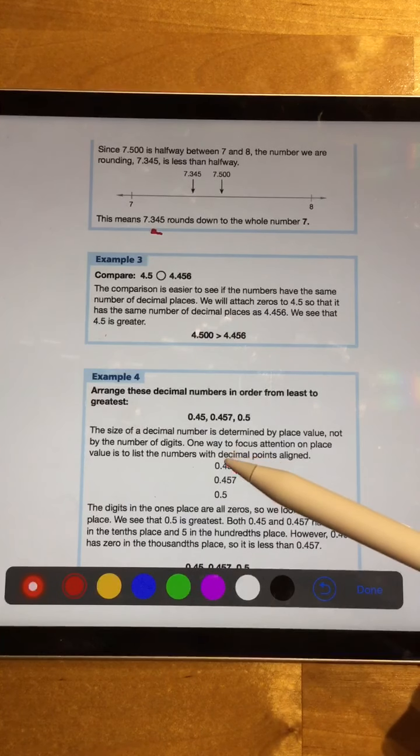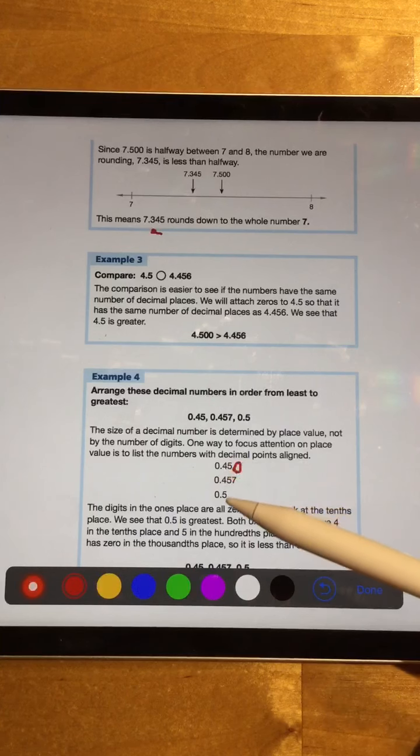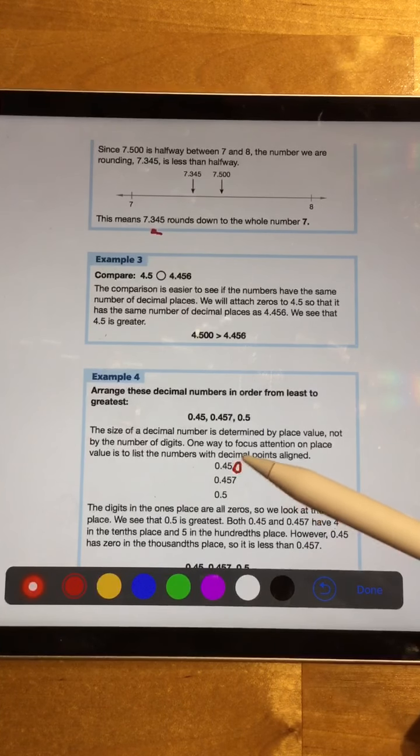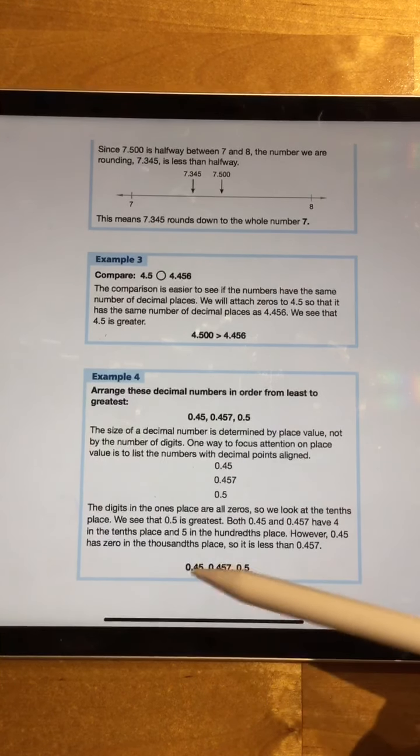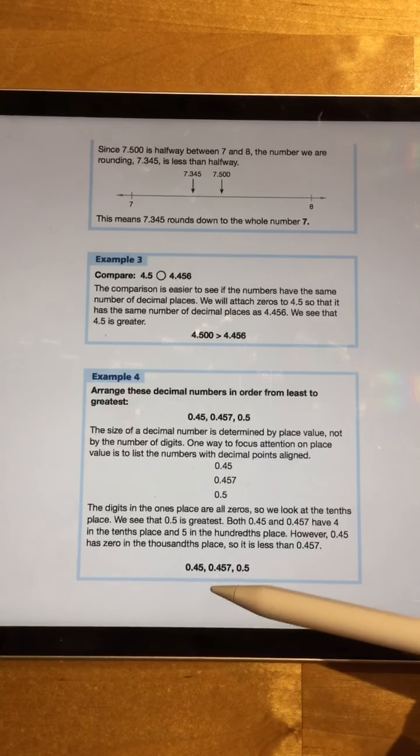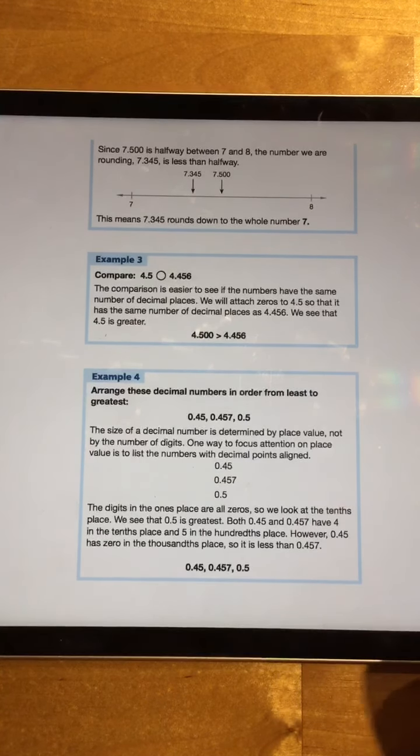I know that when I look down at the tenths column, that 4 is less than 5, so I know these two will be first. I put a 0 there to help me determine that 450 thousandths is less than 457 thousandths. So here they are in order from least to greatest.